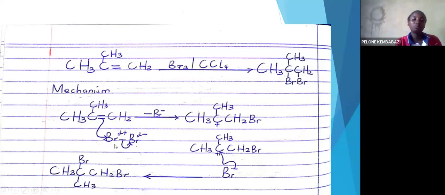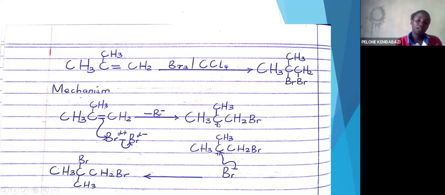So the first bromide will not go to this second carbon, but instead it will go to this first carbon to form CH2Br. Then we form a tertiary carbocation.